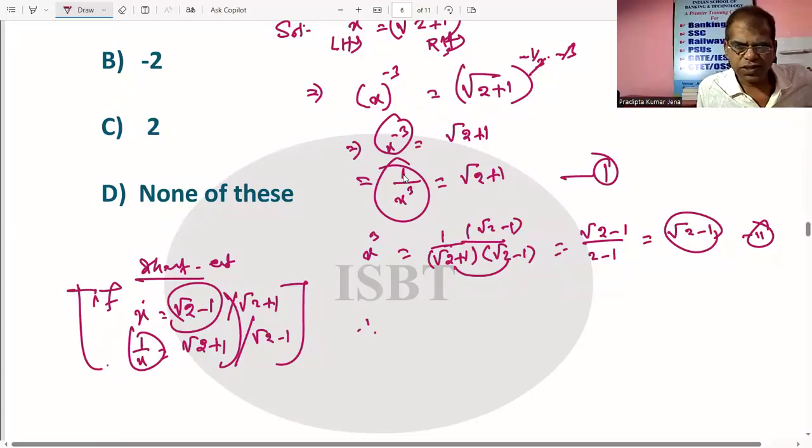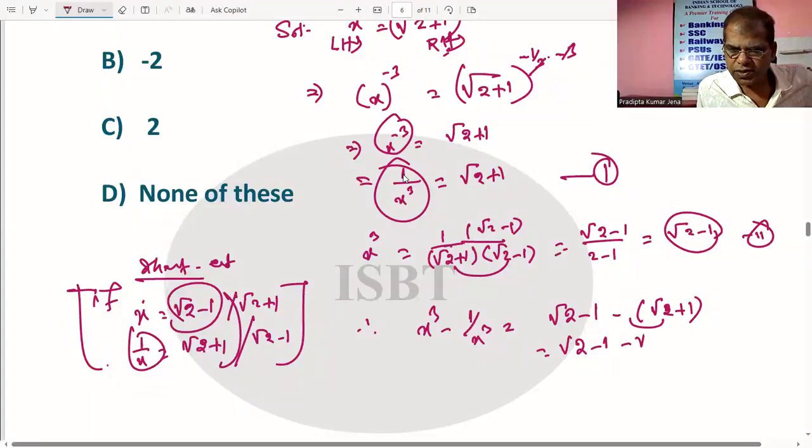So our question is, what is the value of x cube minus 1 by x to the power 3? So the value of x cube is root 2 minus 1 minus root 2 plus 1. Now open the brackets. So minus 2 then minus 1. Minus root 2 plus root 2 cancel. So minus 1 minus 1 is equal to minus 2. So B is the correct answer.